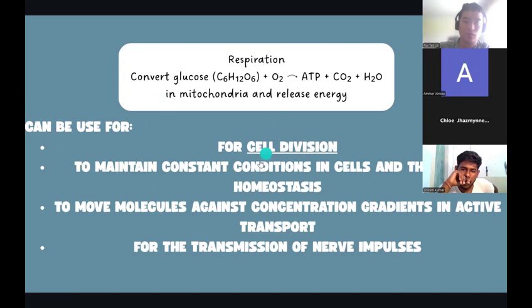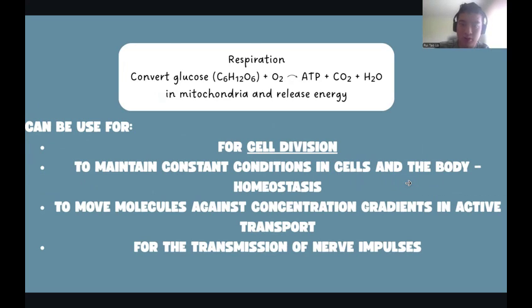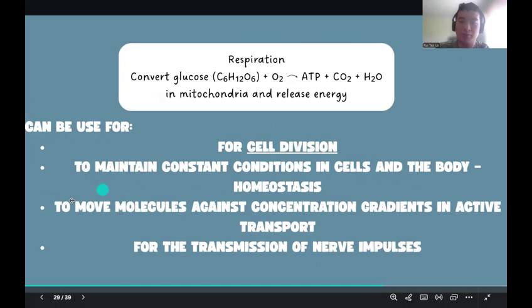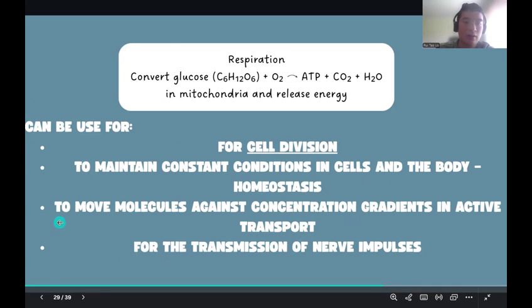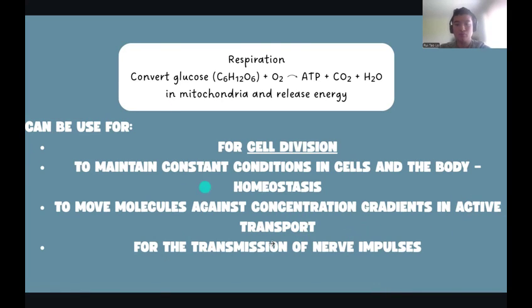So it can be used for cell division, to maintain constant conditions in cells and the body, homeostasis. Homeostasis is maintaining constant conditions like temperature or pH in the body. It is also used to move molecules against the concentration gradient in active transport.